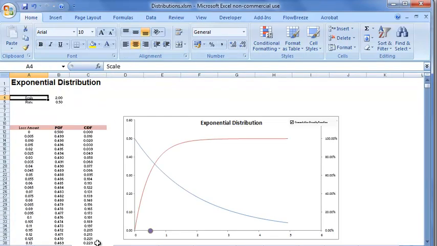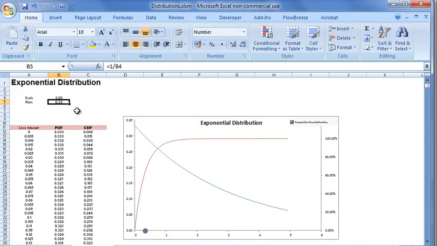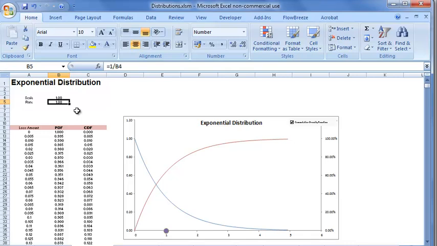Now if we look at the shape which can be assumed by exponential distribution, if we change the scale parameter to any number, we can see that the shape of the distribution does not change. The shape of the distribution remains the same. Few software use a rate parameter which is nothing but inverse of the scale parameter.